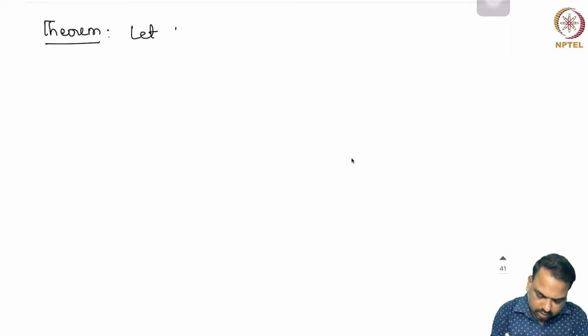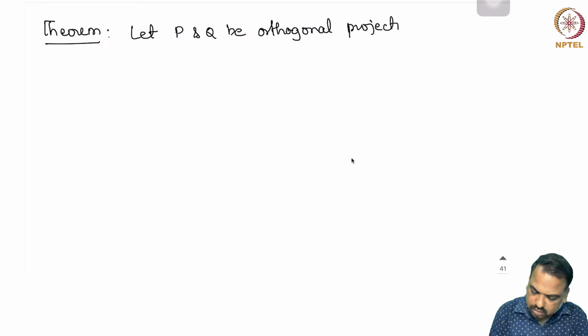Let P and Q be orthogonal projections, then the following are equivalent.